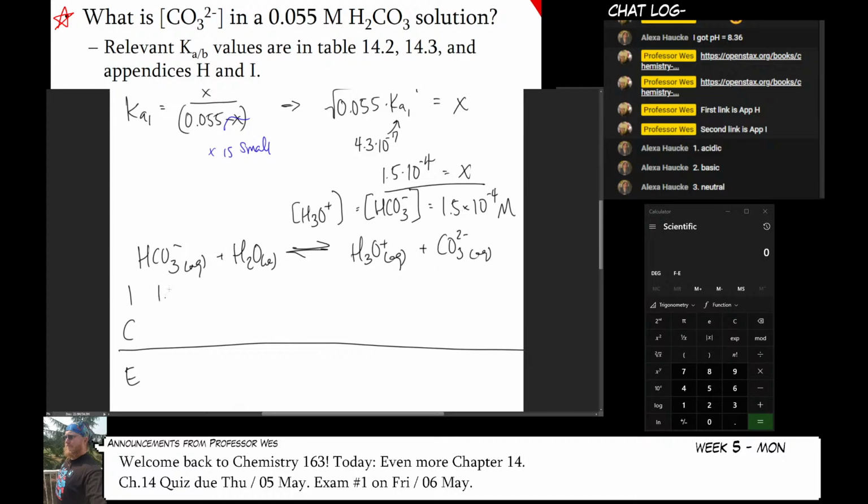Well, I start with the number that I calculated. Water, nobody cares about again. How much H3O+ is in there? Well, 1.5 times 10 to the minus 4. And then how much carbonate is in here? None. And then we just do it again. We'll let it react.